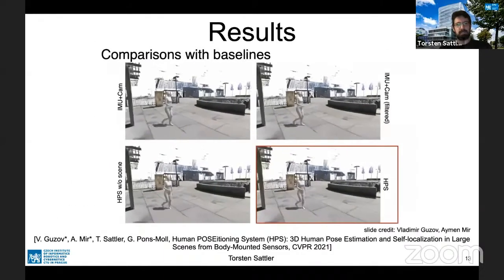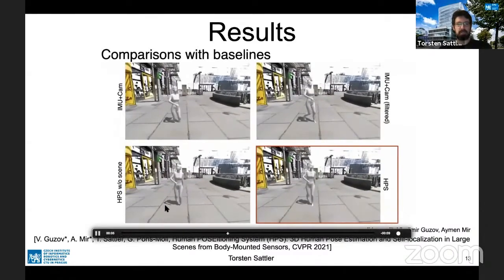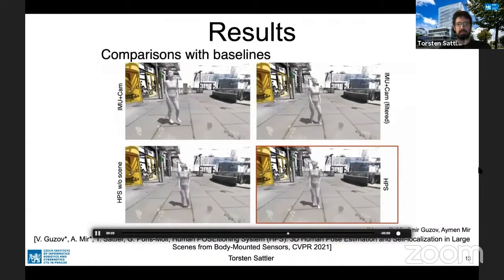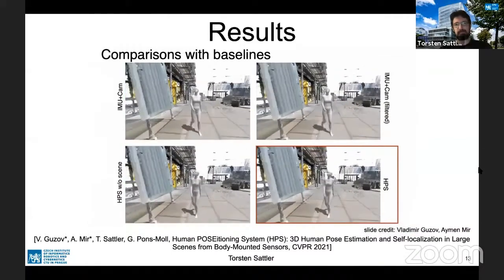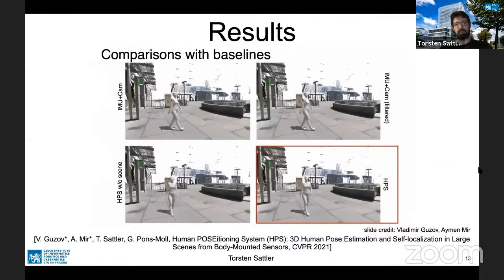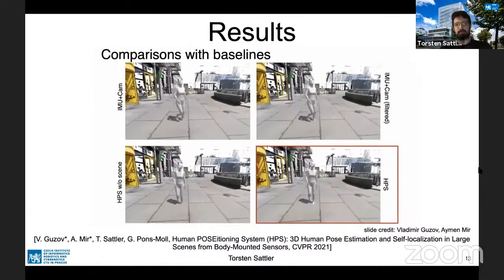So here's the result. These two I already showed you before. This is our joint optimization without scene constraints, and this is the optimization with scene constraints. And as you can see, the full approach is clearly the smoothest, most realistic one.